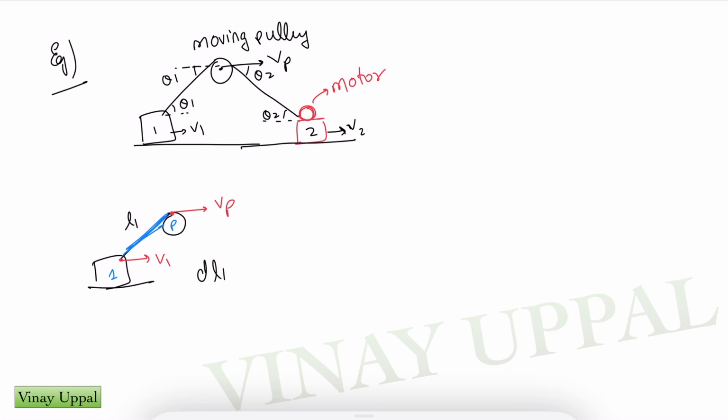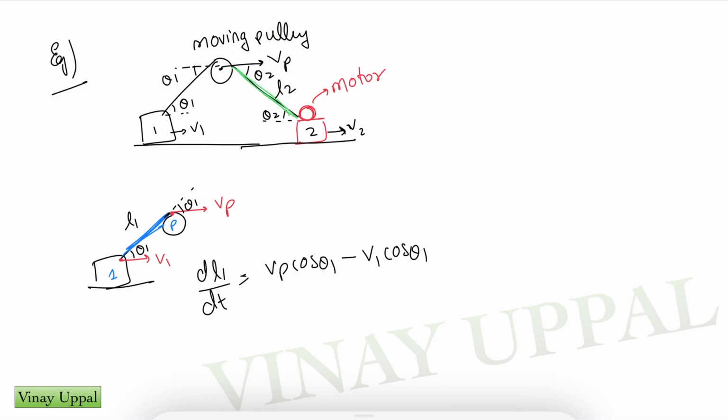Can I write dl1 by dt should be equal to, this angle is theta1, this angle is also theta1. So this will be Vp cos theta1, that is the component of Vp along the blue line, and I'll have a minus V1 cos theta1 because the component of V1 along the blue length is going to try and decrease the blue length.